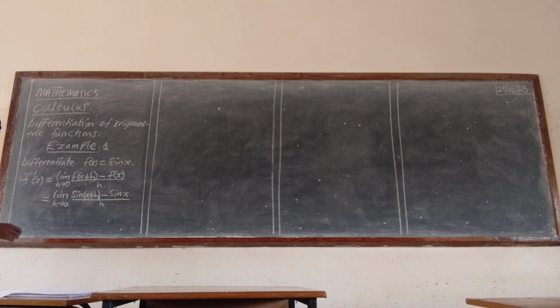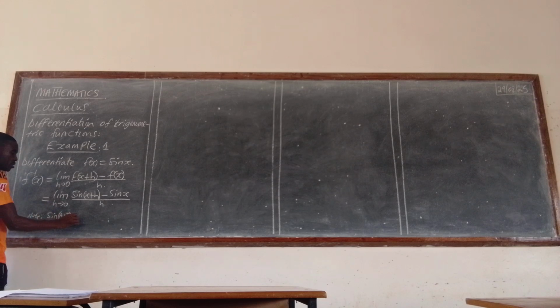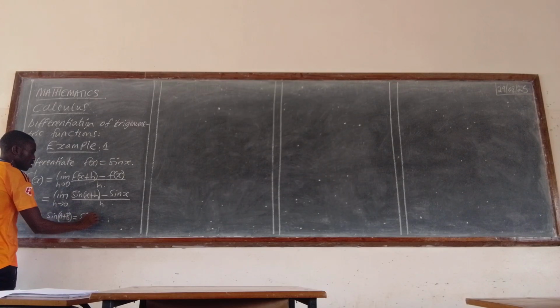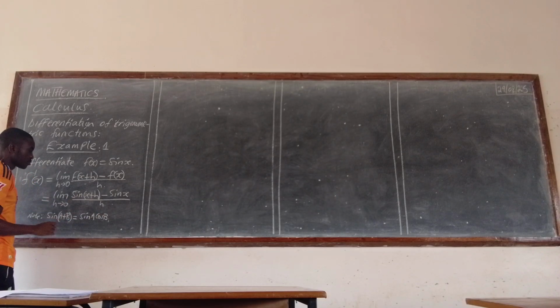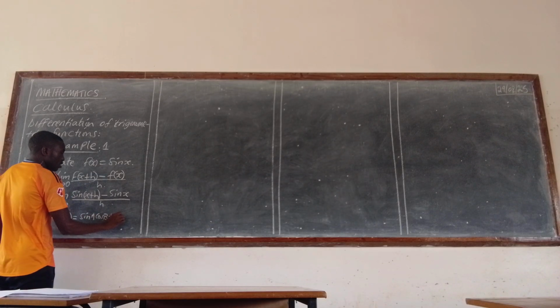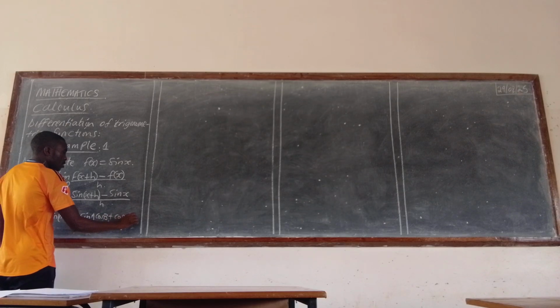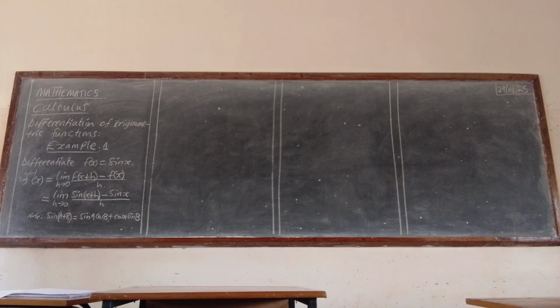Now, we look at this part. Under trig identities, we know sine of A plus B is the same as sine A cos B plus cos A sine B. We can relate this to this scenario.